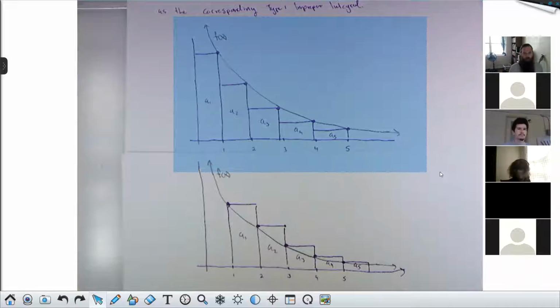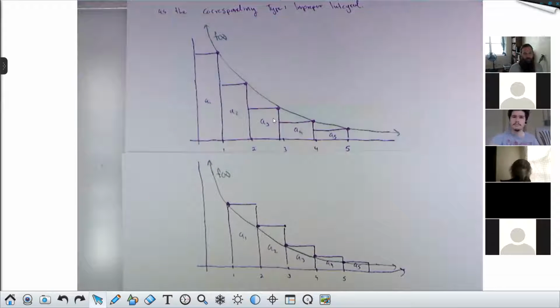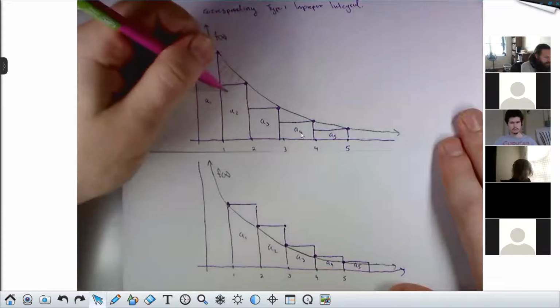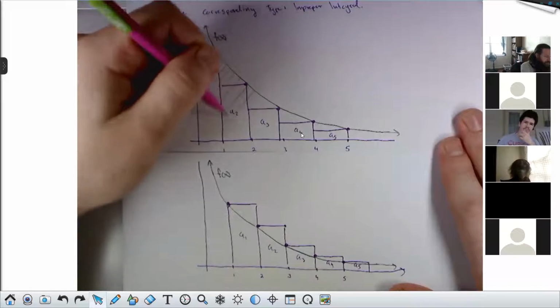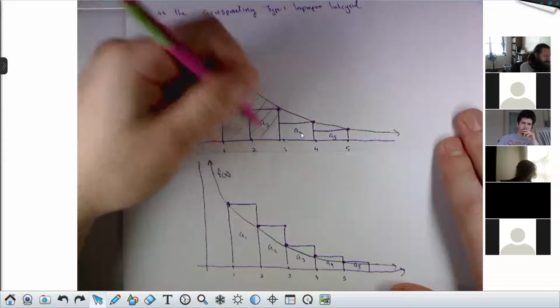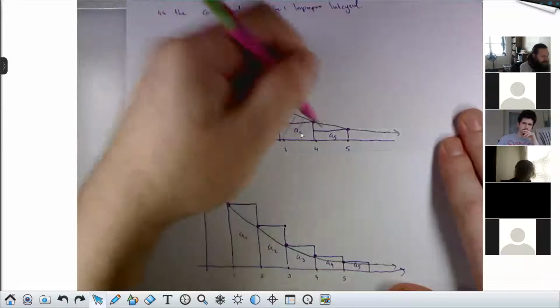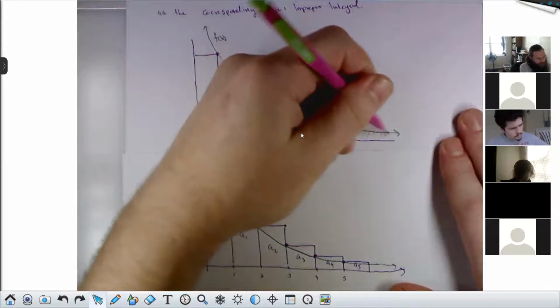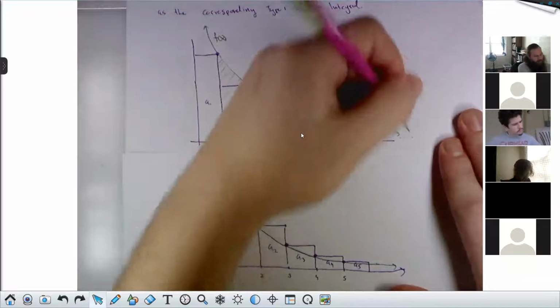If the integral of f of x from 1 to infinity is finite, that means that all the area underneath the pencil curve on and on and on forever is finite.